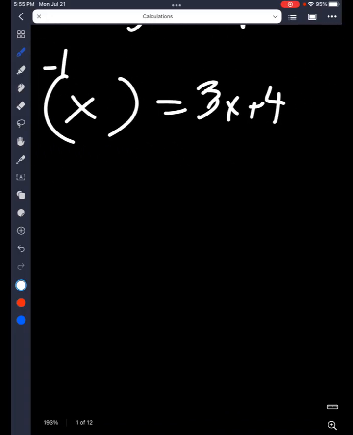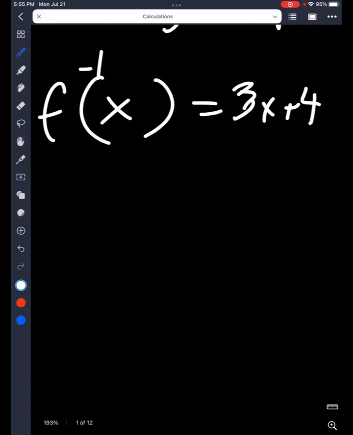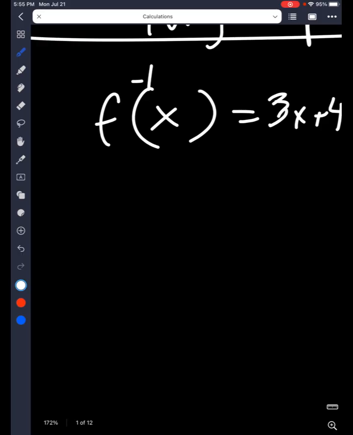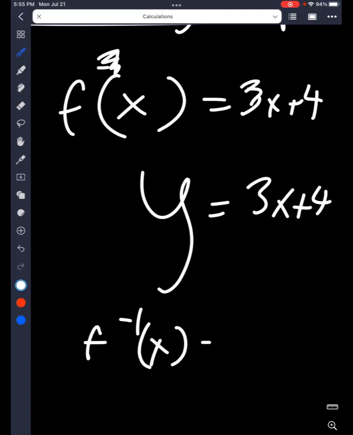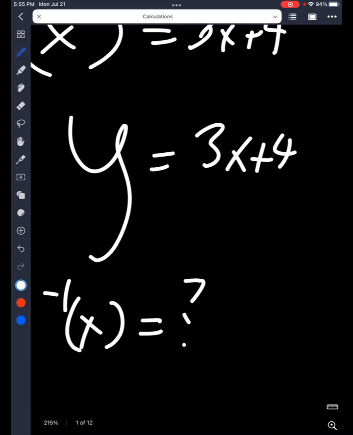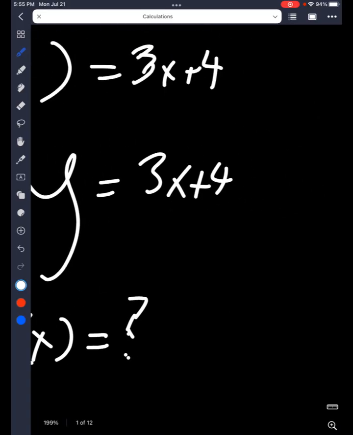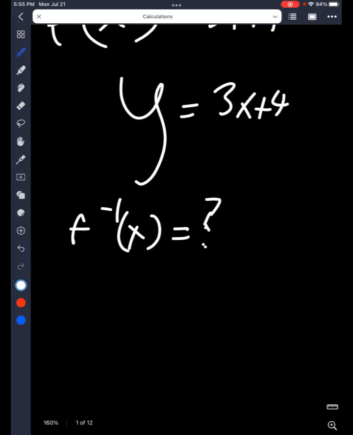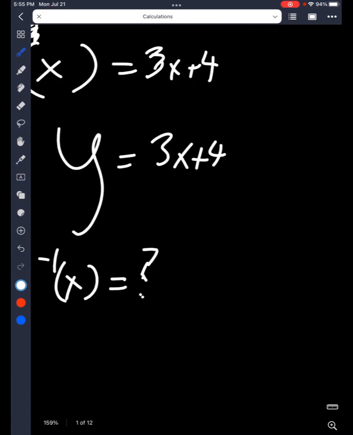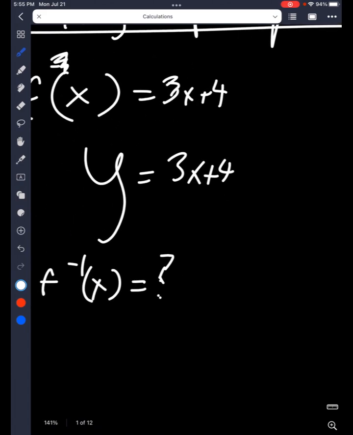If we say this is y instead, then we could divide both sides by 3, and basically we're trying to solve for x.